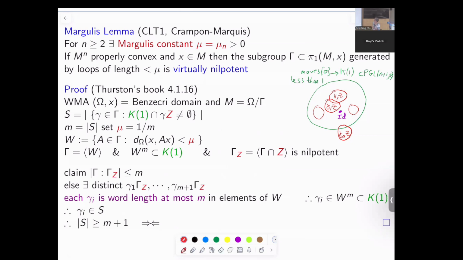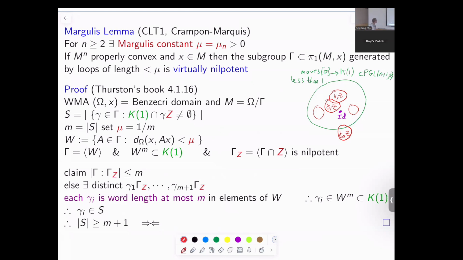That will be some subgroup of the fundamental group. It might just have the trivial element in it. You get some subgroup, the group generated by short loops. And the point about this subgroup is it's virtually nilpotent. There's some subgroup of finite index that's nilpotent. And the proof is, once you've got the stuff on the previous slide, a standard proof of the Margulis lemma that you can find, for example, in Thurston's book.